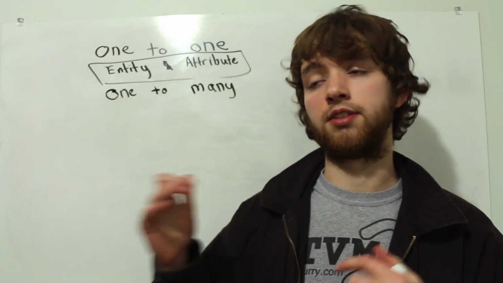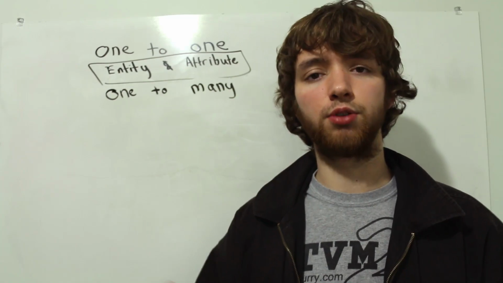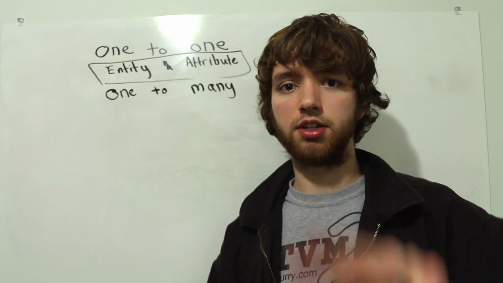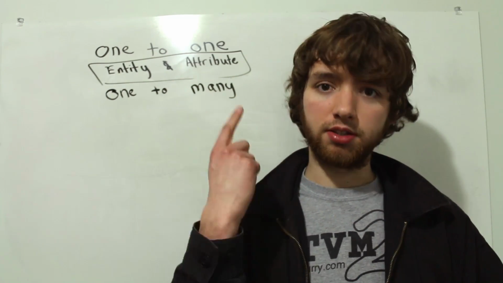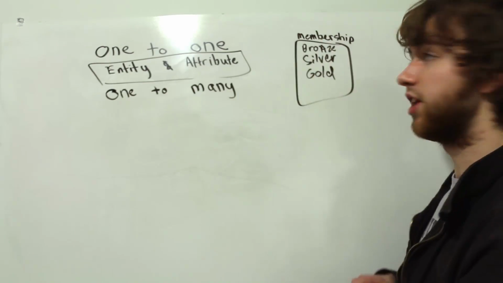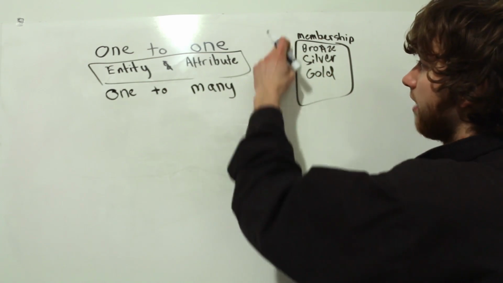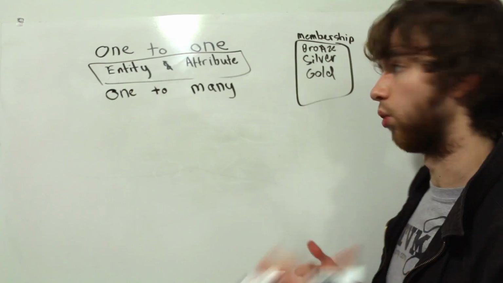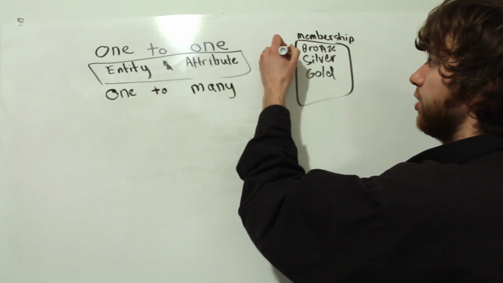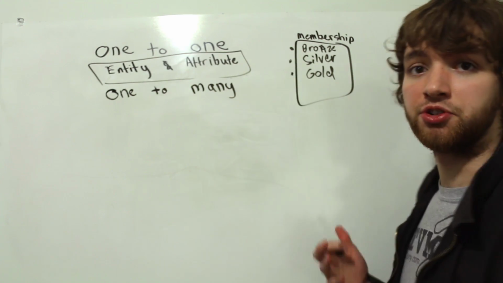Those are like a tiered membership. So let's say in this theoretical gym we got 3 tiers: bronze, silver, and gold. So over here we have the membership table, and we have 3 entries or rows.